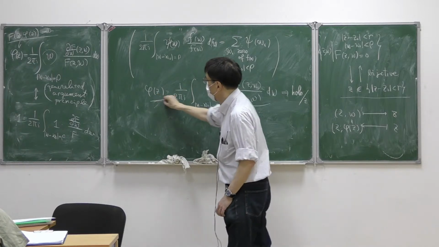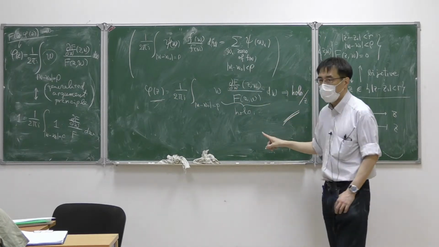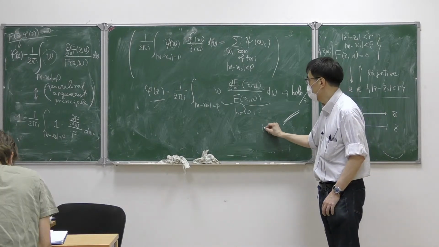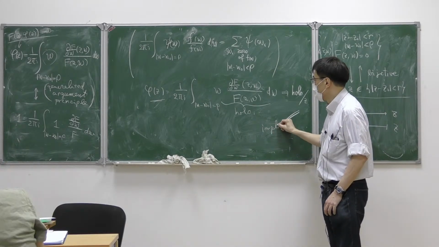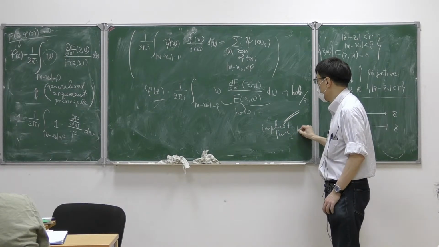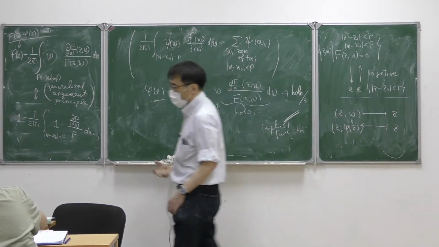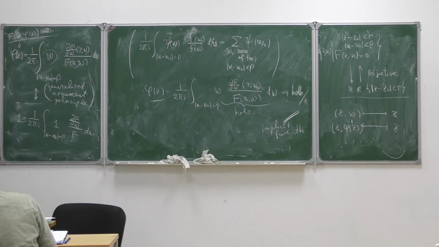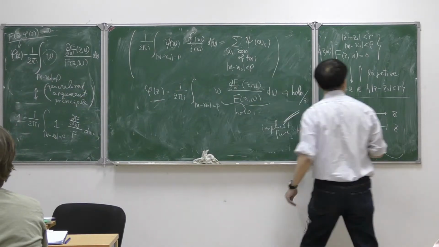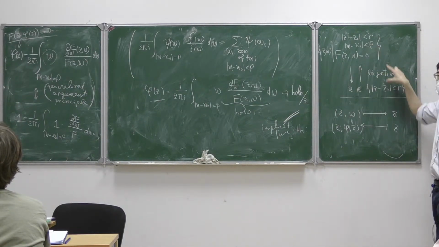That's the proof of the complex holomorphic implicit function theorem. So locally we have a holomorphic correspondence of this type.